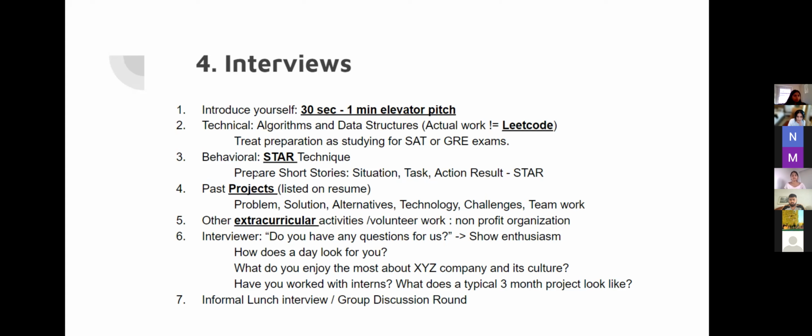There is a particular method called the STAR technique, which is a well-defined method to answer any such behavioral questions, where you prepare some short stories. STAR stands for situation, task, action, and result. You describe what the situation at hand was, what task you were supposed to do, what action you took in order to complete that task, and then what the final outcome was.